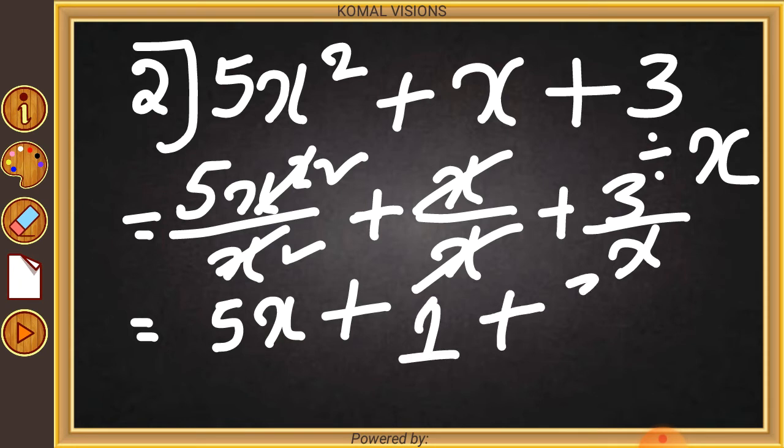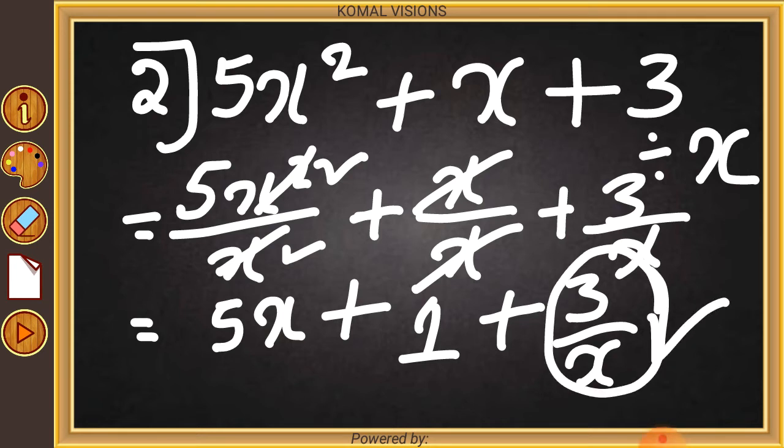Here I have 3 by x, I can't divide a numerical value by x here. So that is why I am left with 3 by x, which is not a suitable answer for this polynomial expression.